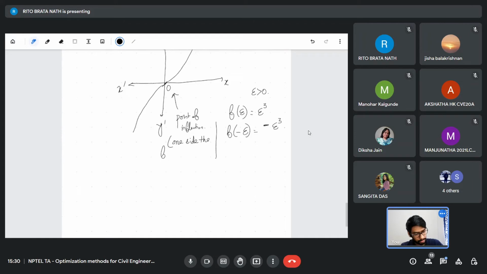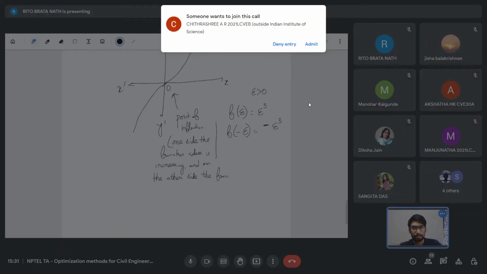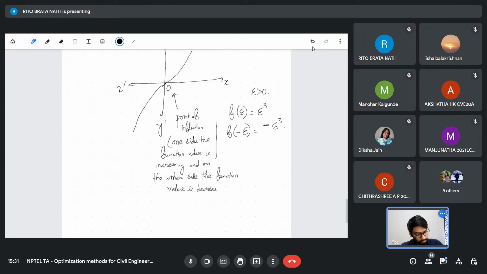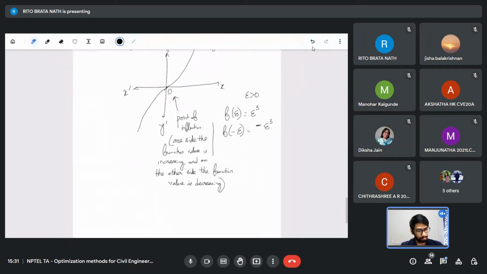So one side the function value is increasing, and on the other side the function value is decreasing. So that's why it is called a point of inflection.